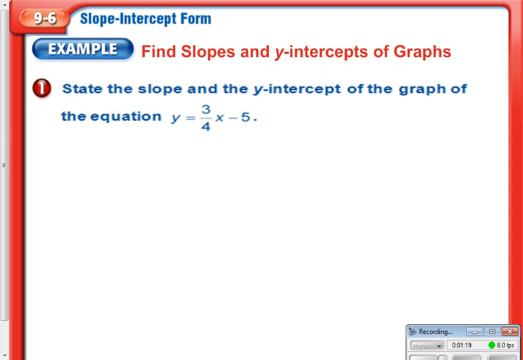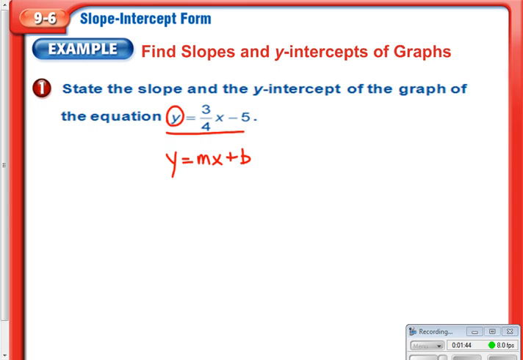In our first example, we need to find the slope and the y-intercept of the graph. It says to state the slope and the y-intercept of the graph of the given equation y equals 3/4 x minus 5. Remember, slope-intercept form is y equals mx plus b. Is this in slope-intercept form? Yes, it is, because y is alone.